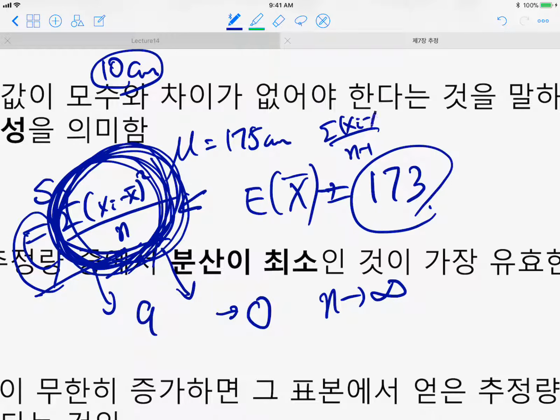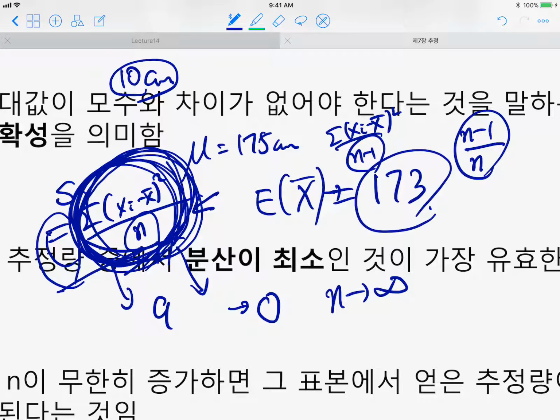It is just a difference in terms of n times n minus 1, just a fixed ratio. You already saw that the n minus 1 version will have 0 variance as n goes to infinity, and this one will also have 0 variance as n goes to infinity, right?